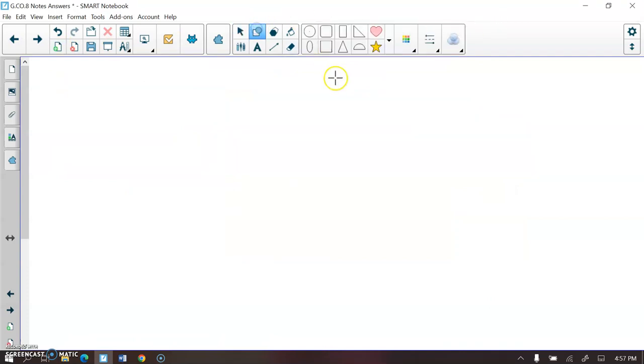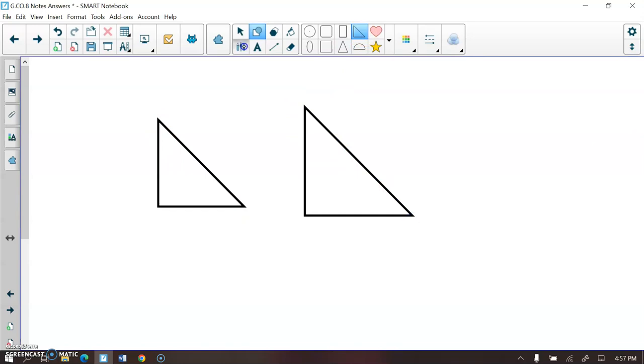For example, if I had these two right triangles, I know that they don't look congruent. Let's just pretend that they are, okay? And I said that this side's congruent to this side and this side's congruent to this side. In this situation, we would not use HL because we don't have the hypotenuses congruent.